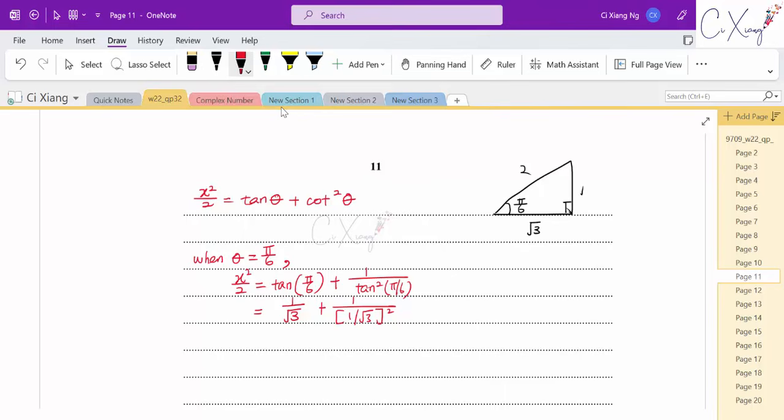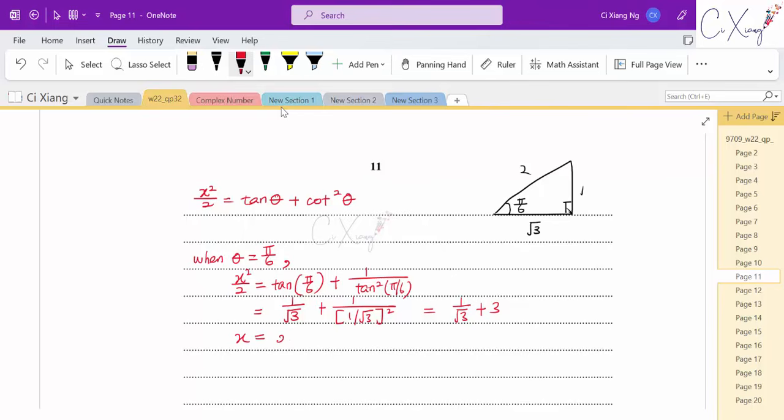Then if I try to simplify everything, multiply with 2, and then take square root, I try to bring all the numbers over to the right hand side and get the value for x. So after I have this answer, I need to multiply with 2 and then I take square root.